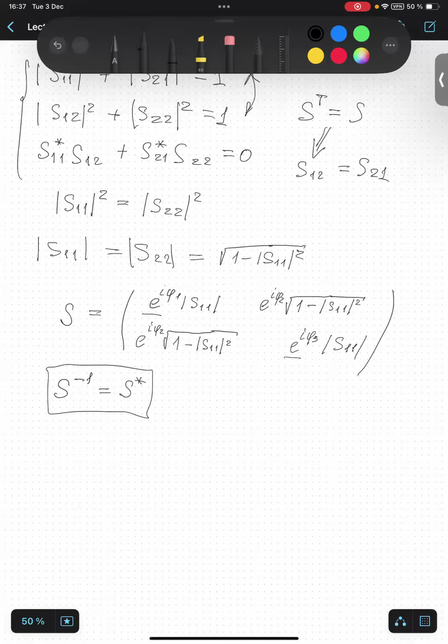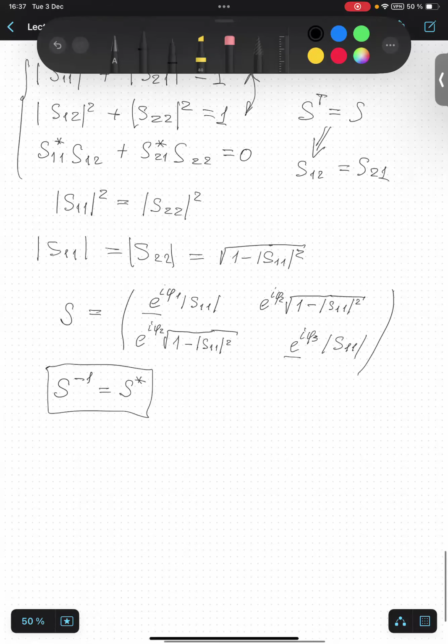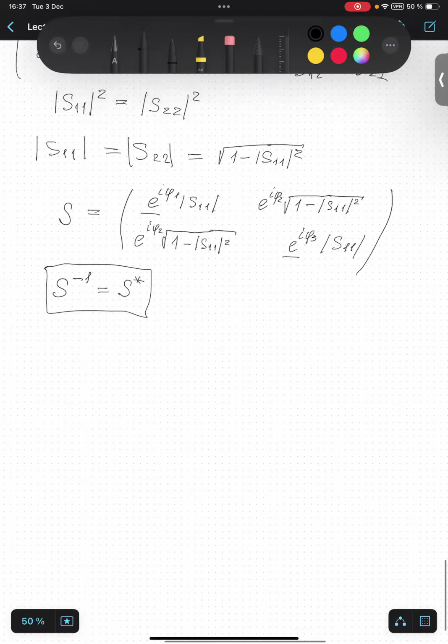This one. So here we need to find the inverse S matrix. So how to find it? I hope everyone remembers linear algebra.